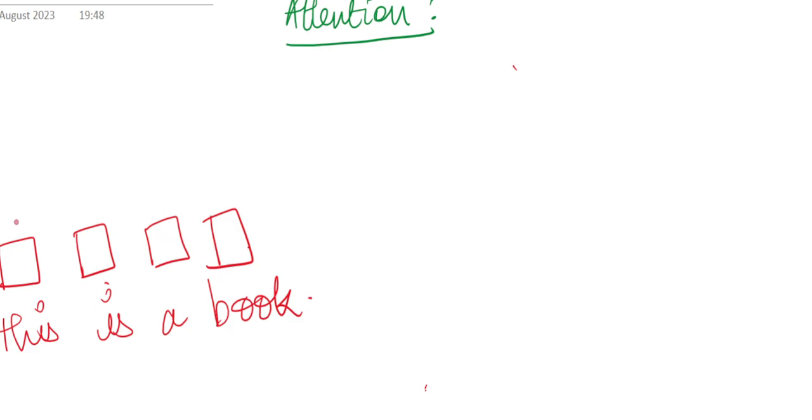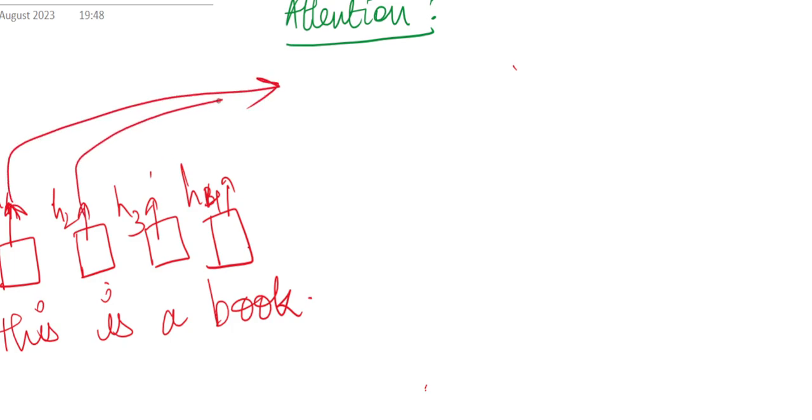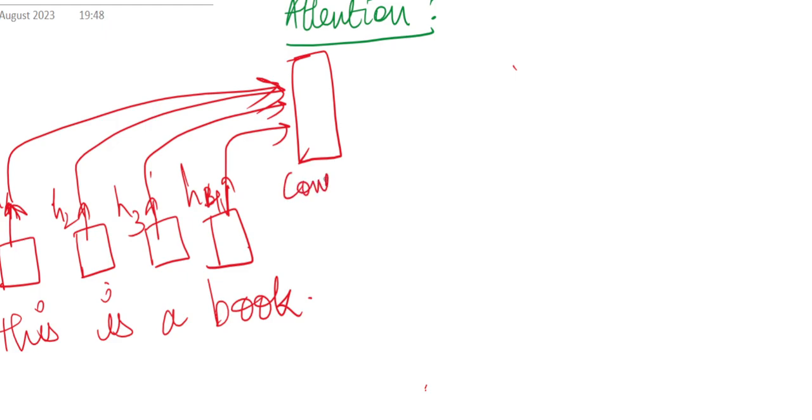All the hidden states generated by this one, h1, h2, h3. A hidden state is nothing, it's just the output, or you can say the calculations inside the LSTM cell. If you want to know more about it, you can go to the LSTM video. Now, all these inputs, 1, 2, 3, and 4, are passed into a vector, and this vector is called the context vector.